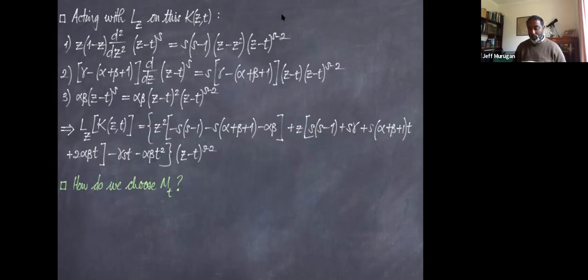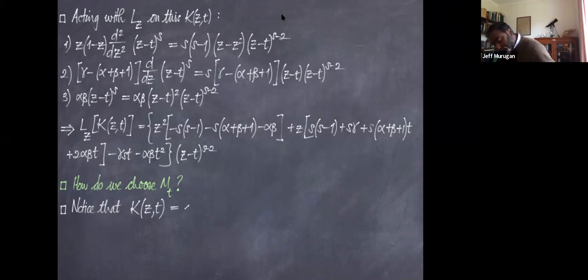So how do we choose this operator Mt? Well, the first thing is we notice that there's a symmetry satisfied by the Euler kernel. And the symmetry is that k of z and t, which remember was z minus t to the s, is just -1 to the s times k of t and z.